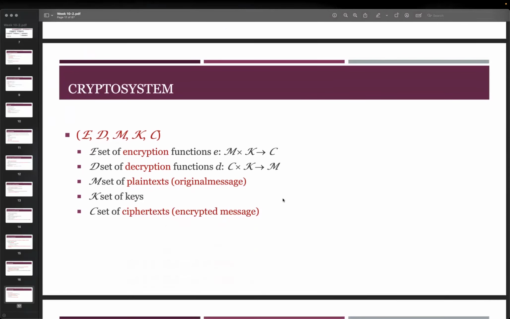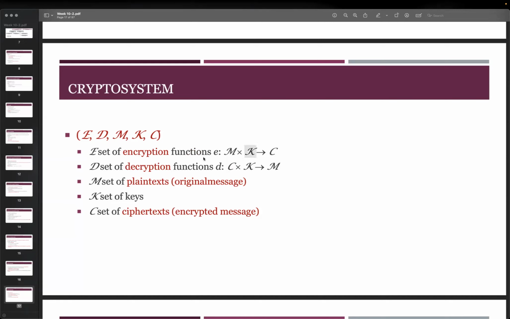For the cryptosystem, so far we have talked about E, the set of encryption functions, with M times K giving the ciphertext C, and the decryption D, where C times K goes back to M. M is the plaintext, the original meaningful message, and K is the key.